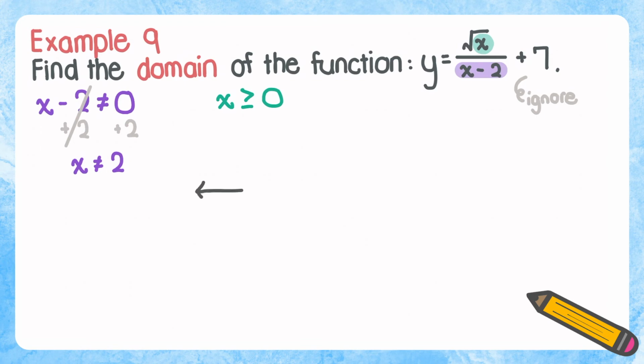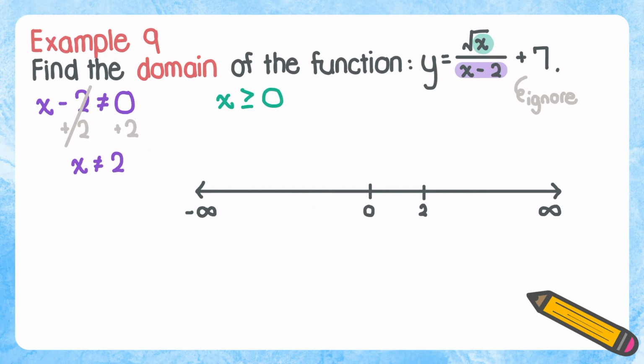I draw my number line, and here I'm going to have two numbers to focus on. So I have that 0 right here, and we also have to remember something about the 2. So let me write that over here. So what would our domain look like on this number line?